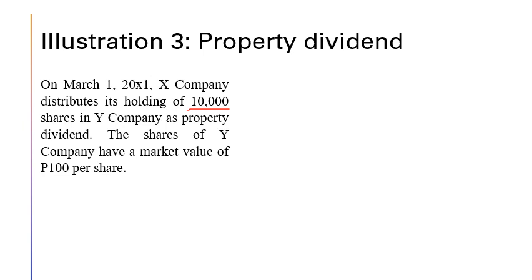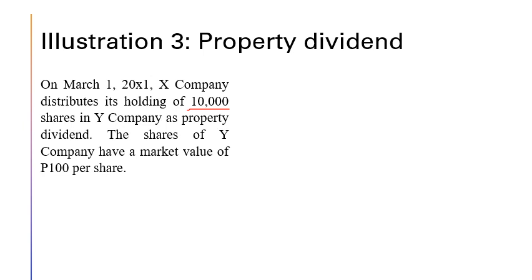Okay? This time, ang ipapamigay ni X company sa kanyang mga shareholders na dividends ay ang kanyang pagmamay-ari na 10,000 shares sa isang kumpanya which is Y company. Why is this under property dividend?